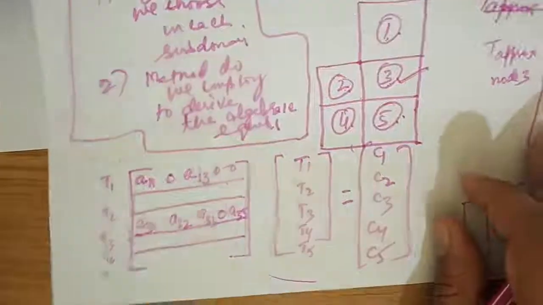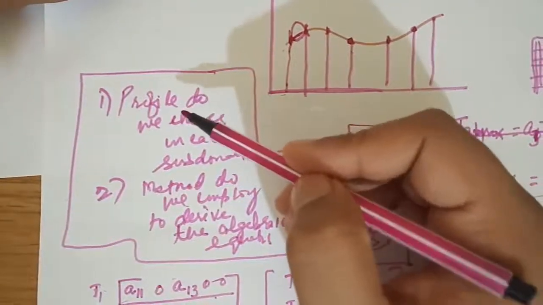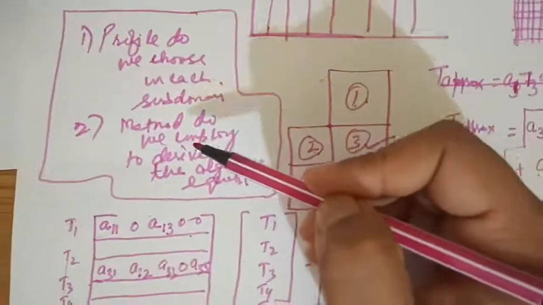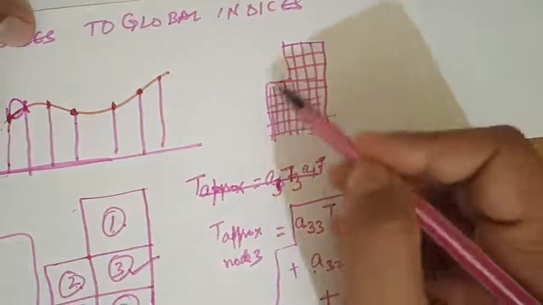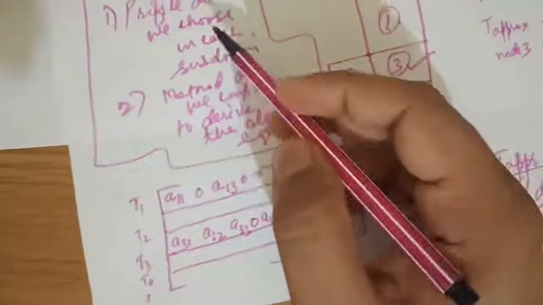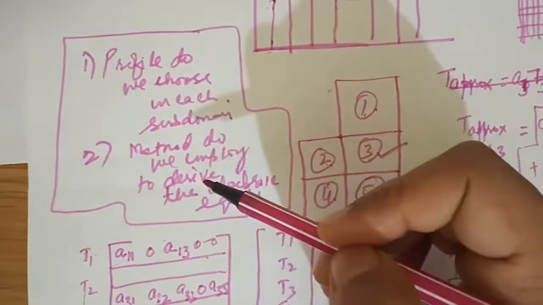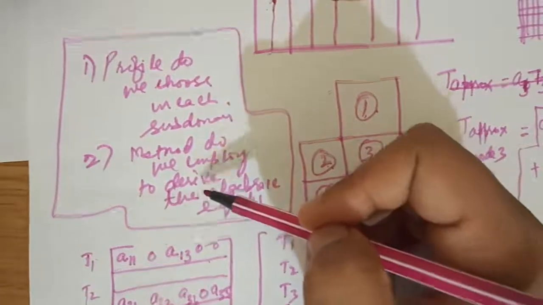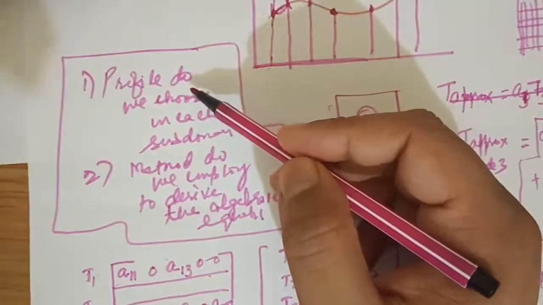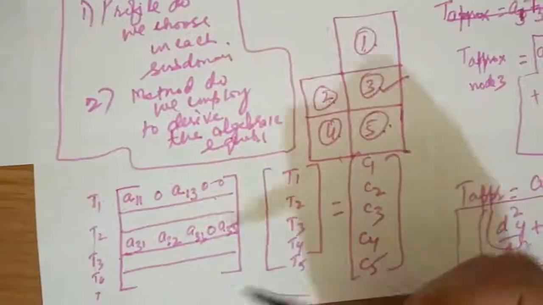So please remember, although the discretized equations depend on which profile and what kind of profile I choose and what kind of discretization method I use, in the limiting case, when I increase the subdomains to a certain level, all the methods which may be employing different discretization solving strategies or different subdomain profiles will eventually result in the same algebraic equations.